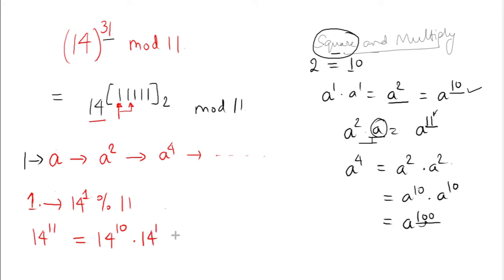So in binary addition takes place, this becomes 14 raised to 1, 1. So this is generally 14 cube mod 11.